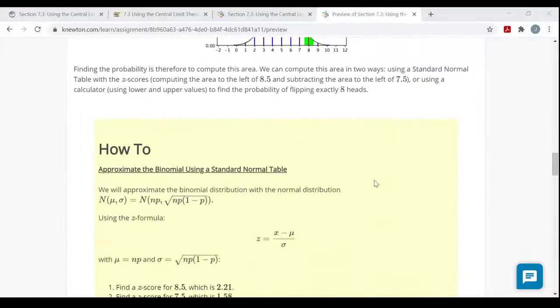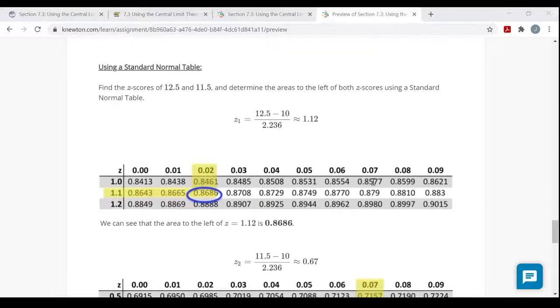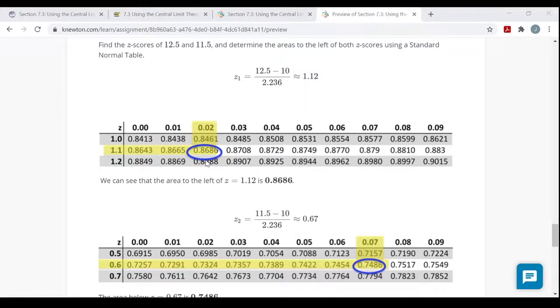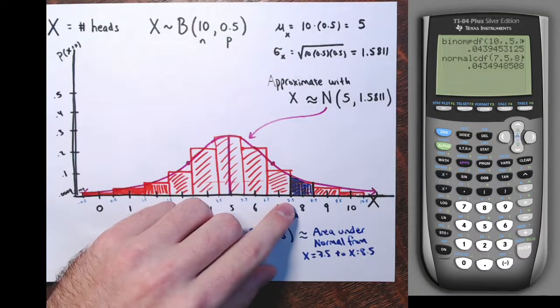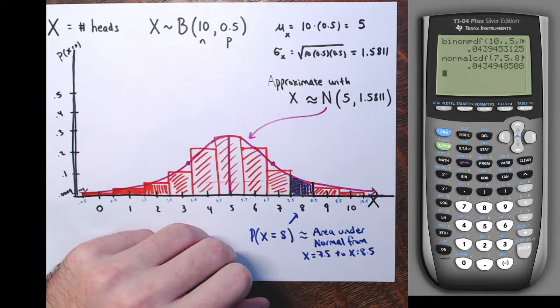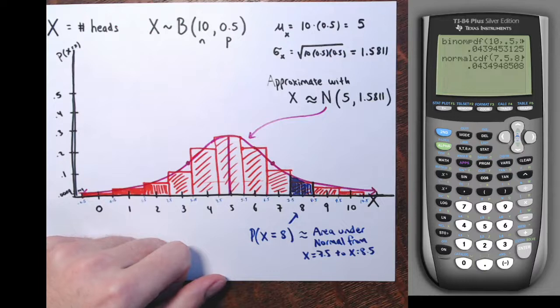I'm just going to talk about what you need to enter to find certain probabilities. So they have you read through this, and they go through another example. Now they use a table as well. If you want to use tables, you've seen me do this before. If you want to use these standard normal tables to find these areas, you're going to have to convert all the values to z-scores. So if I wanted to do that here, I'd have to change 7.5 to its z-score: subtract 5 and then divide by the standard deviation, 1.5811.